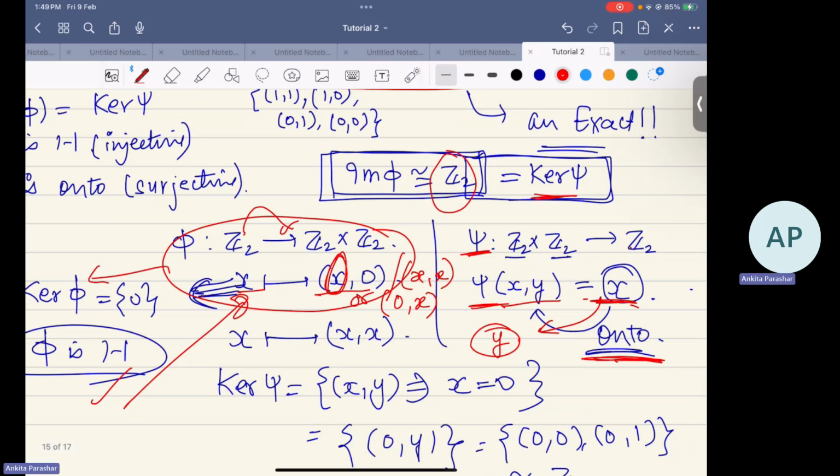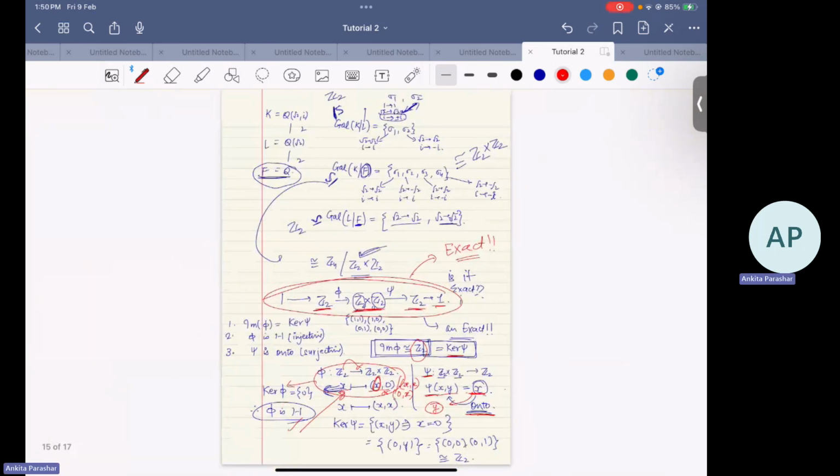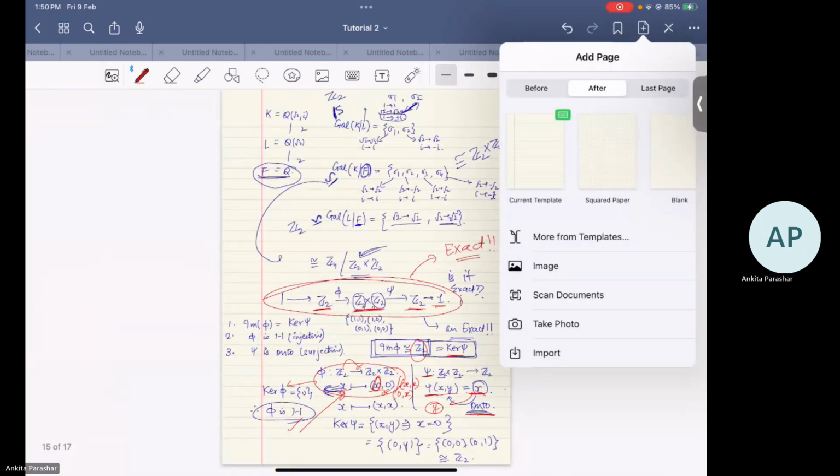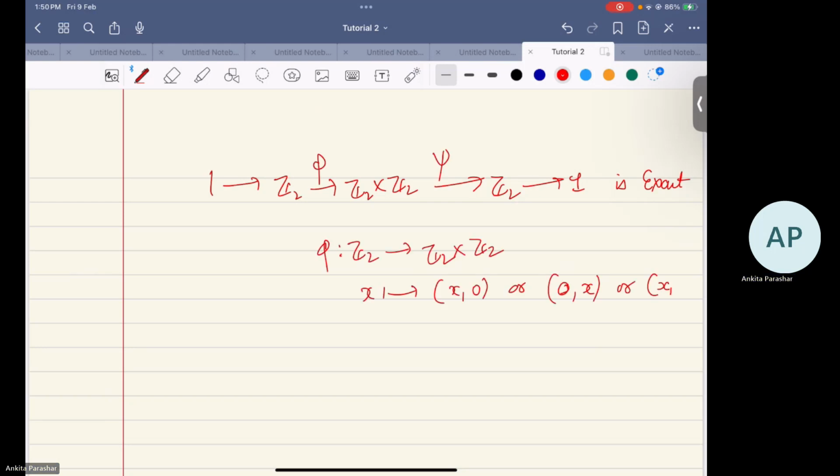So indeed, let me write once again: 1 going to Z2, to Z2 cross Z2, to Z2 to 1 is exact. Why? You take phi from Z2 to Z2 cross Z2, going to (x, 0), or you can define (0, x), or (x, x).